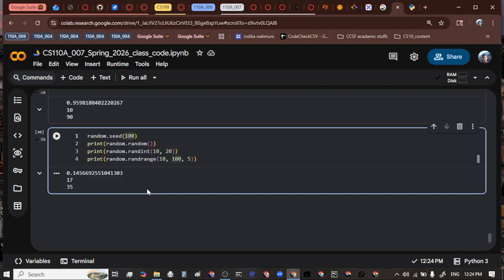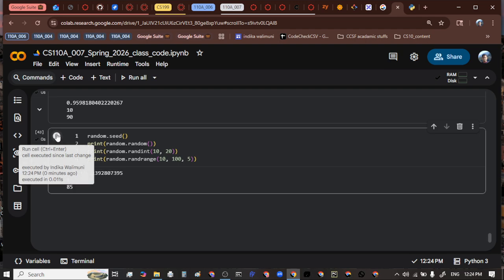So if we don't use an input to this seed, look what happened. Now it's going to be different. See that? There's now randomness there. So what's going on then?